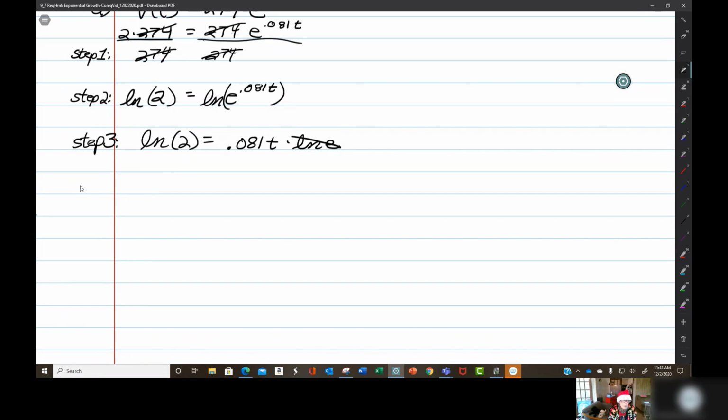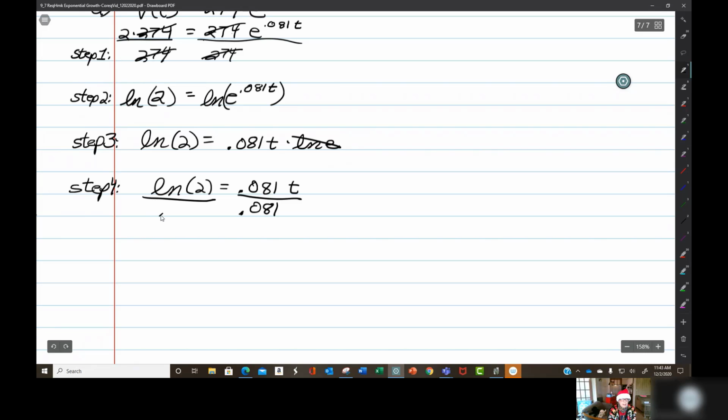So step 4. ln 2 equals 0.081 t. I divide both sides by 0.081 in order to solve for t.